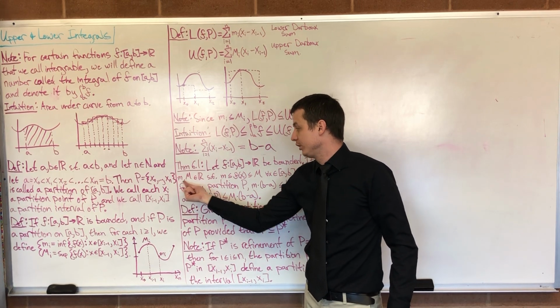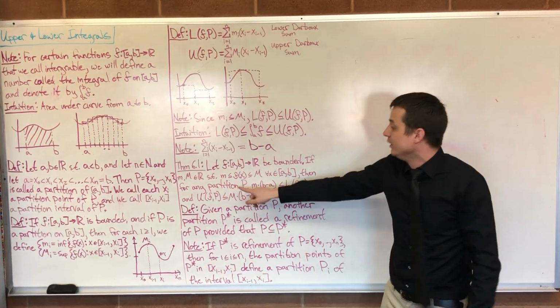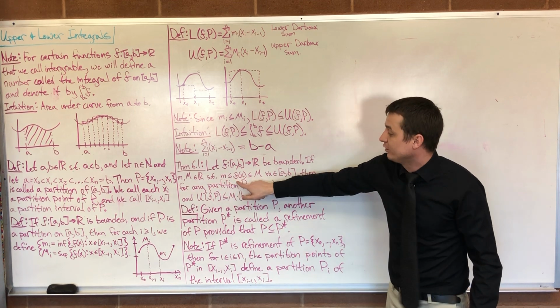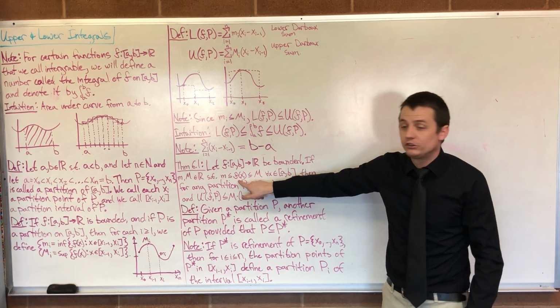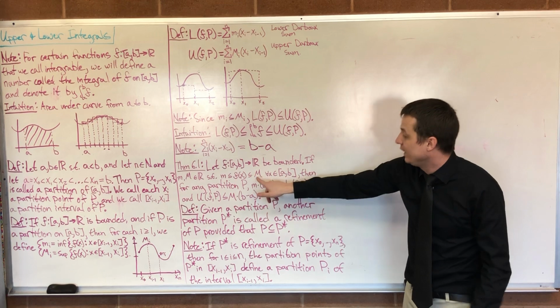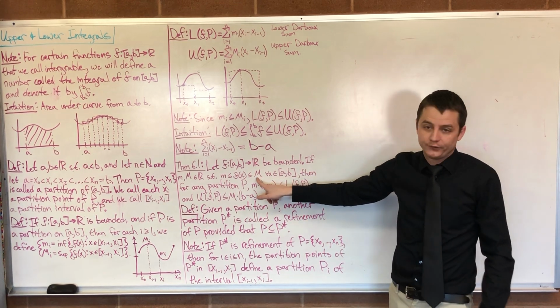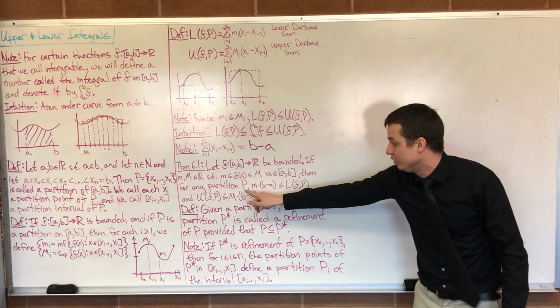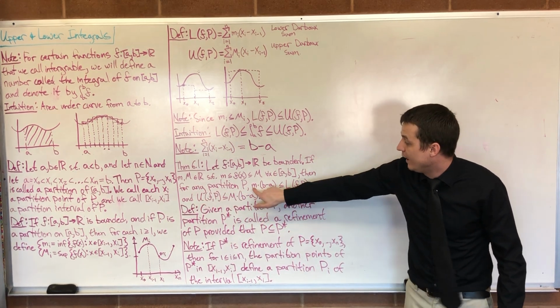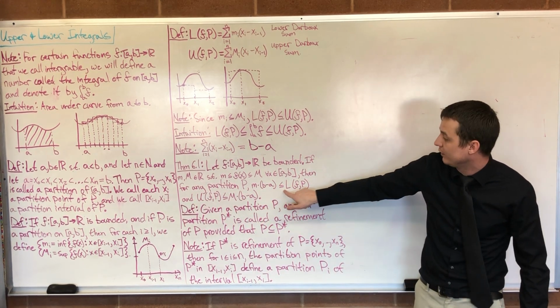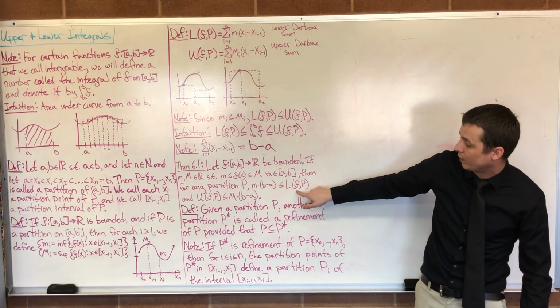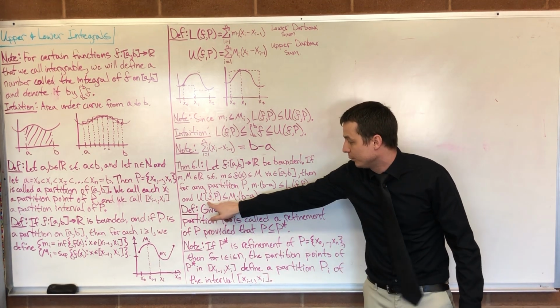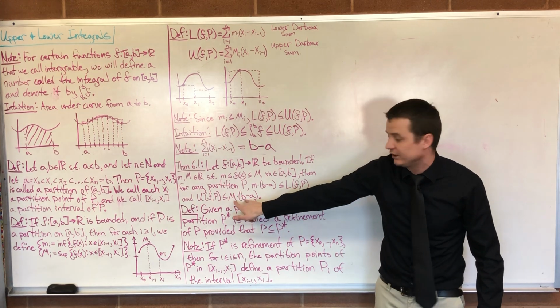If we find two numbers, little m and big M, in R, such that little m is always less than or equal to what the function reaches on the whole interval, and big M is always greater than or equal to what the function reaches on the whole interval, then for any partition you pick, m times that distance is going to be less than or equal to any lower Darboux sum you pick, and the upper Darboux sum you pick is always going to be less than or equal to this area.